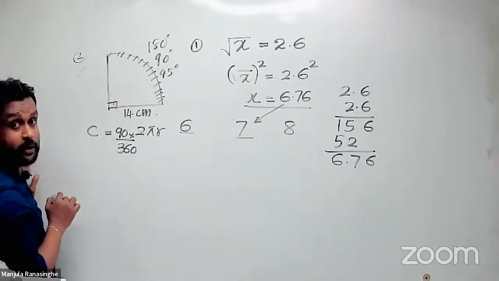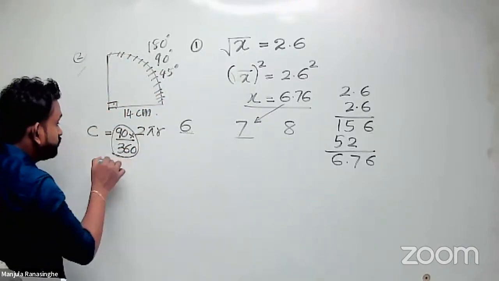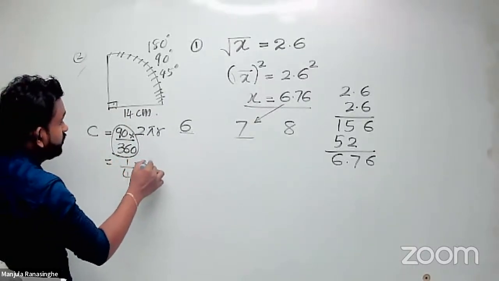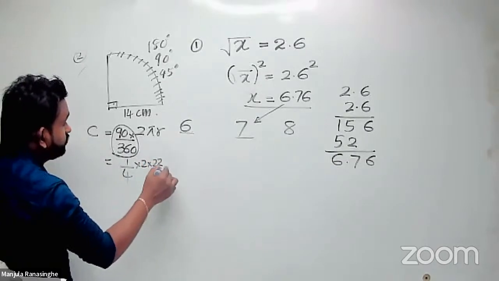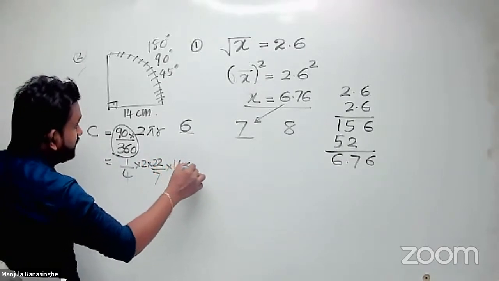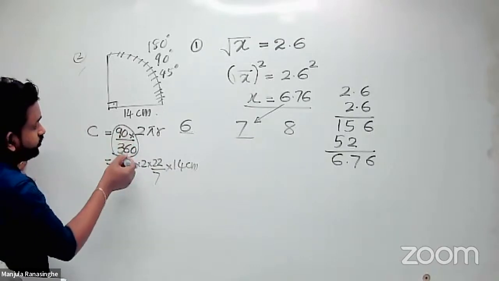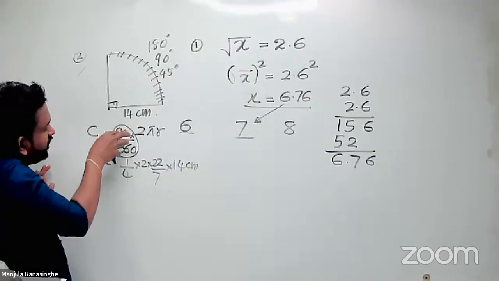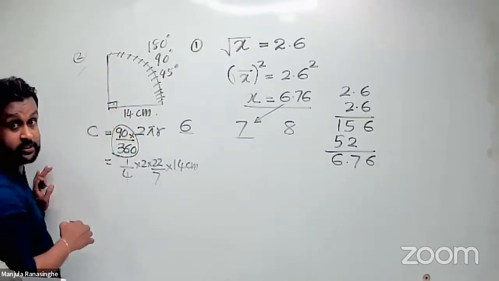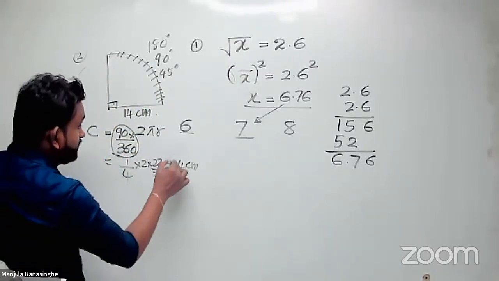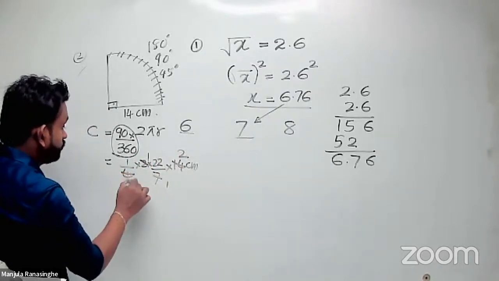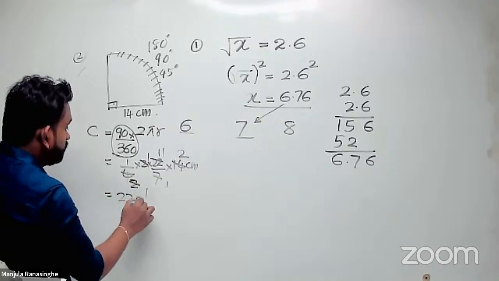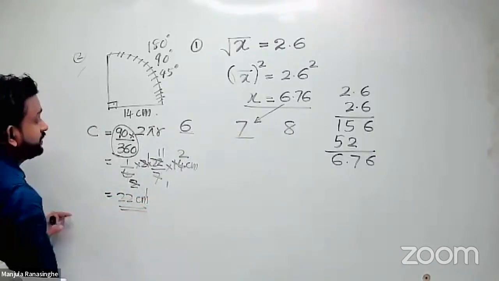So you can directly write 1/4 into 2 into π into r, where π is 22 upon 7 and r is 14 centimeters. Instead of 90 upon 360, you can directly apply 1/4 of 2πr, which indicates how much of the full circle it is. Here 7 into 2 is 14, so 2 into 11 becomes 22 centimeters. That is the arc length.